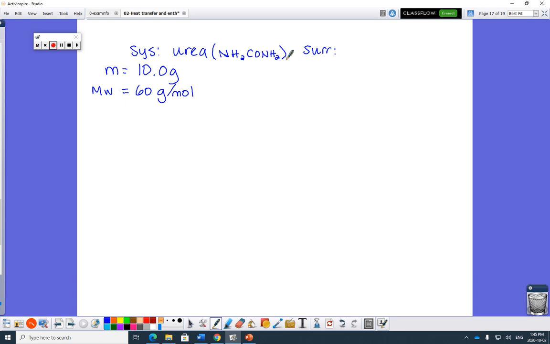It's up to you when you do the molar mass. If you try to condense it even more, this is trying to show you more of what the structure looks like.